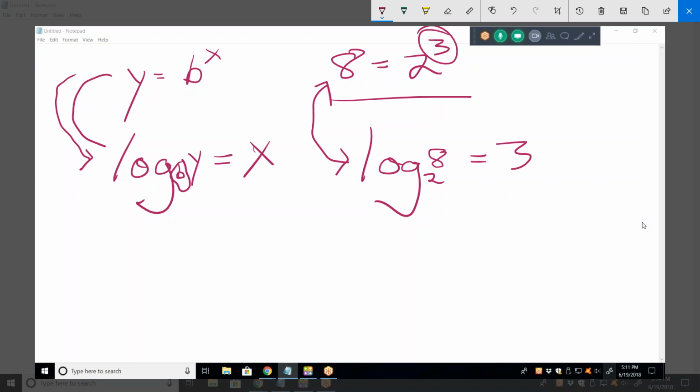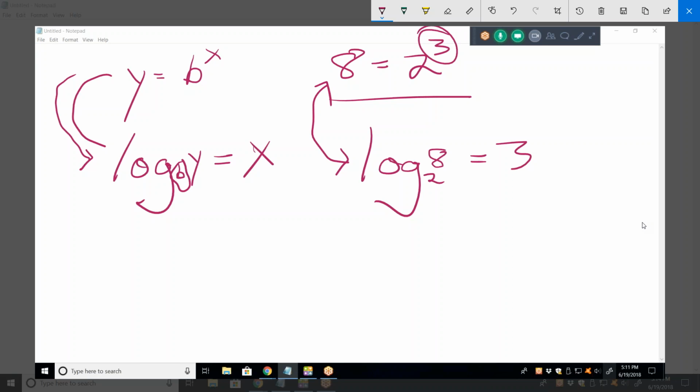You have to remember this to go forward with logs. You just do. This is the most basic understanding of logs. And the most important thing is to know that exponential expressions always are going to involve logs. What is an exponential expression?